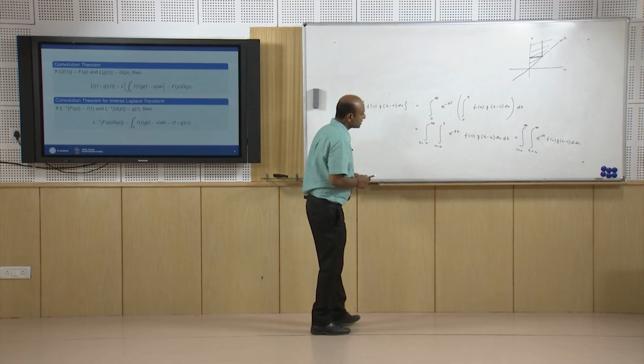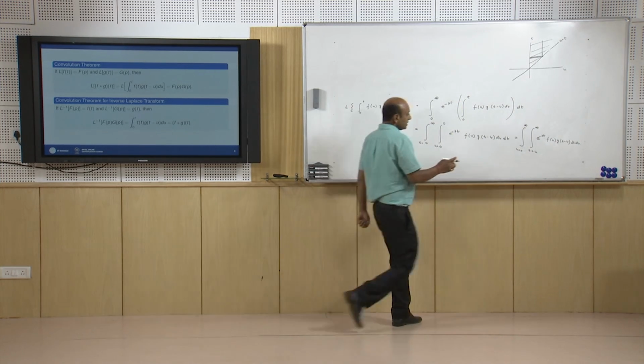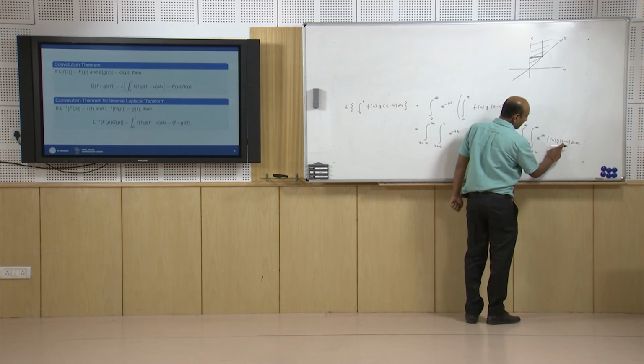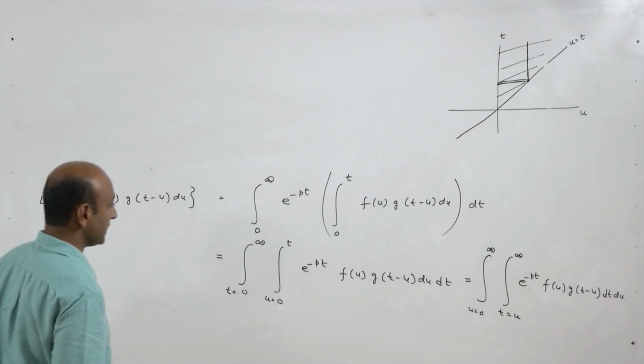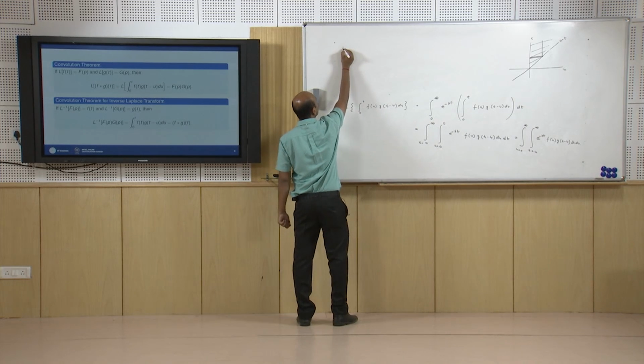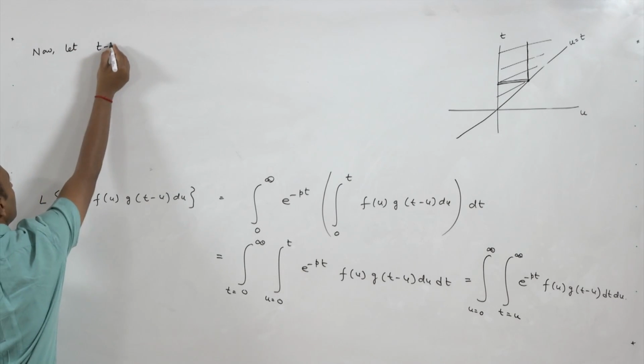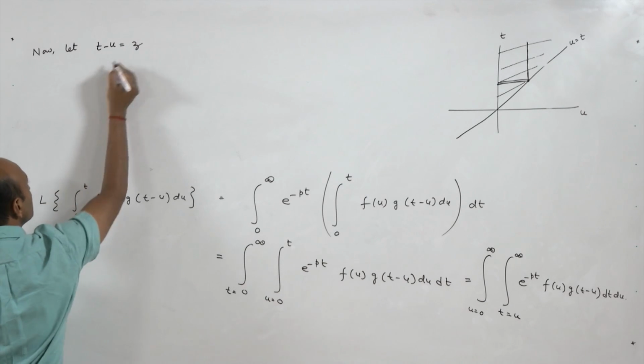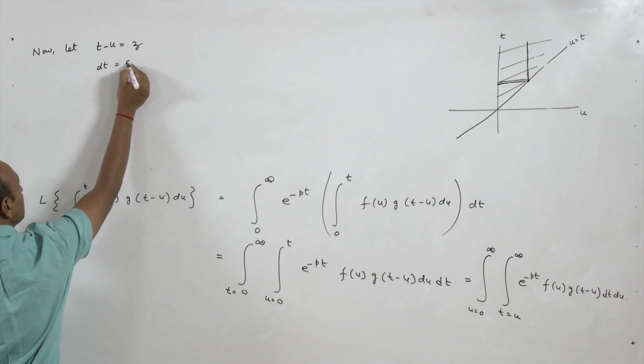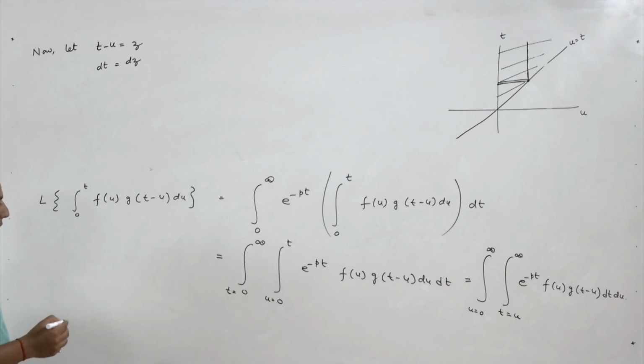Now this expression is further equal to, now in this we make a substitution, take t minus u equal to some other variable z. So let t minus u be some variable z. So what will be dt? It is dz. Okay.